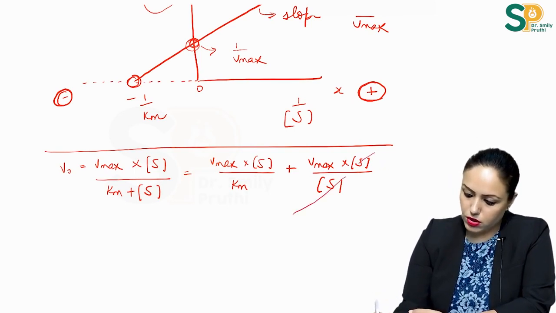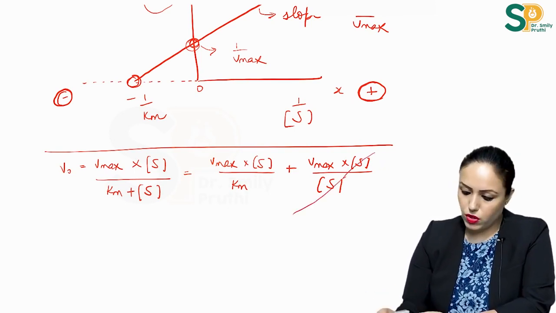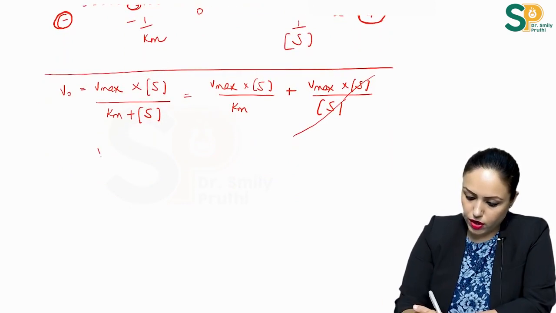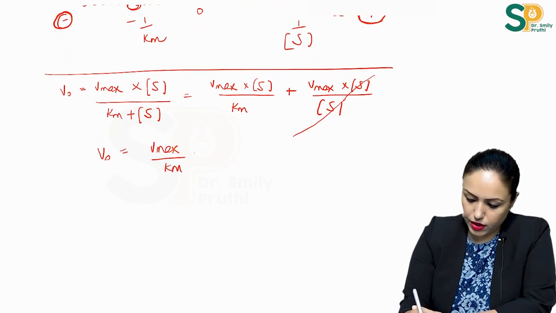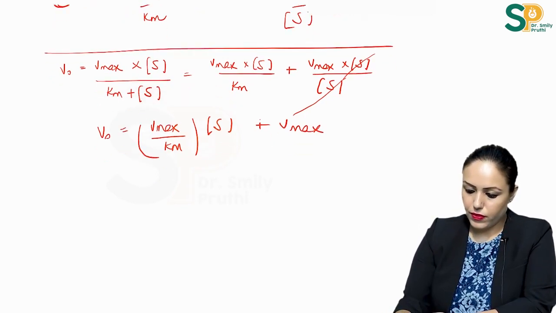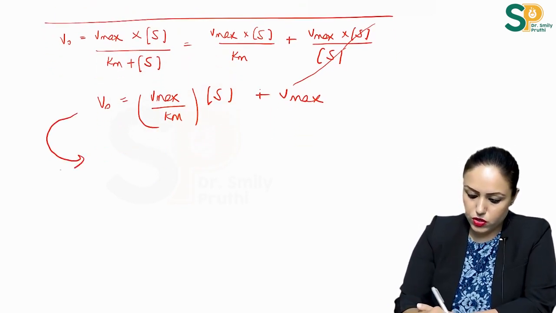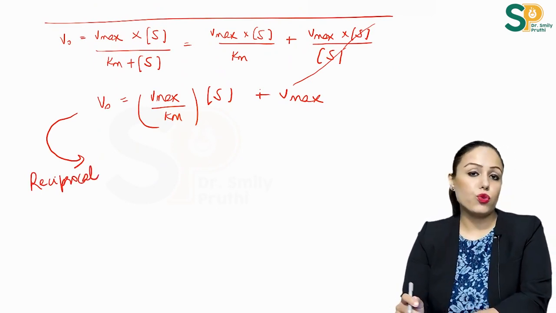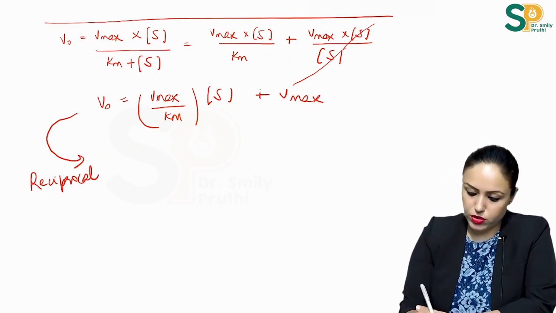So here you can cancel substrate concentration. So we get V naught is equal to Vmax by Km into substrate concentration plus Vmax, right? So I'll do the reciprocal of this to give the equation of the Lineweaver-Burke plot.